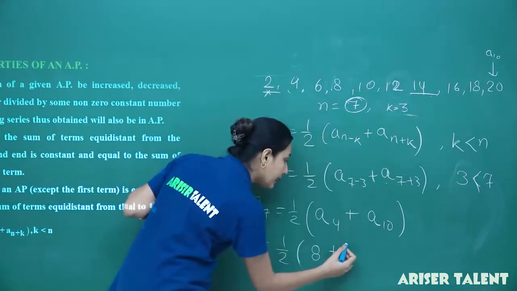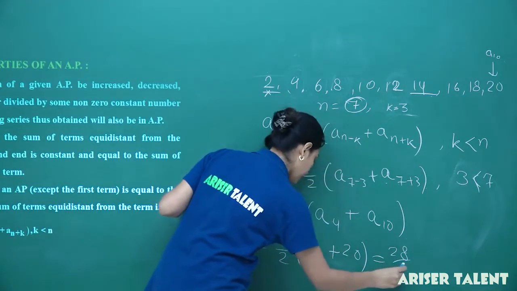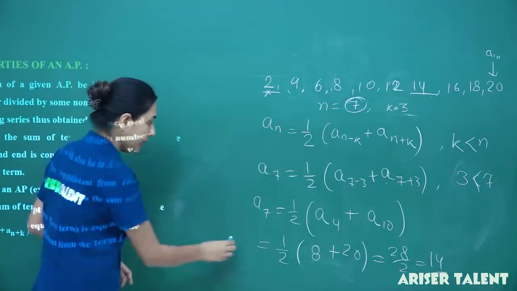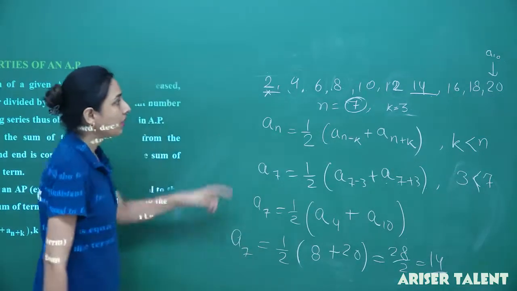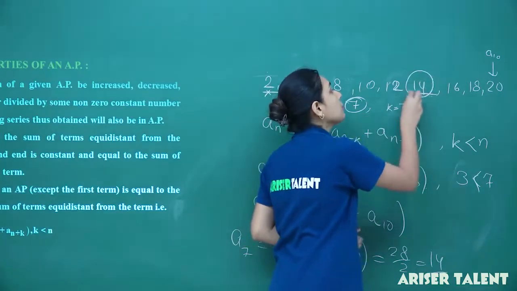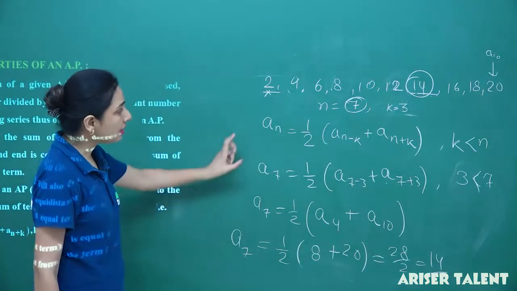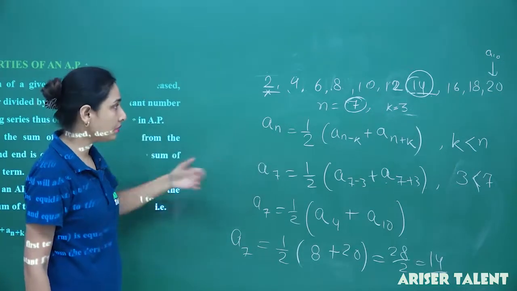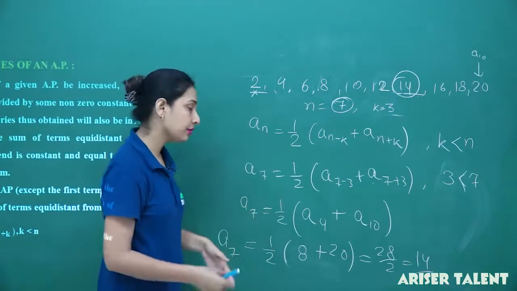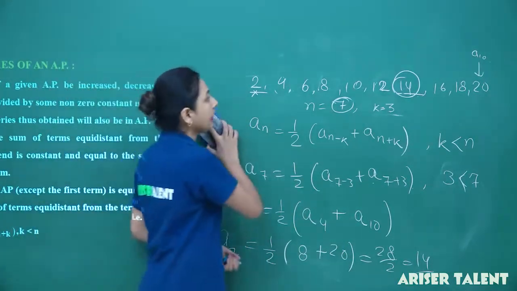A10 is 20, and that will be 28 by 2, that will be 14. Now is A7 14 or not? 1, 2, 3, 4, 5, 6, 7. Now A7 is 14. So I am telling you that this formula that we have read in these properties is correct, right? Okay, note it as an example.